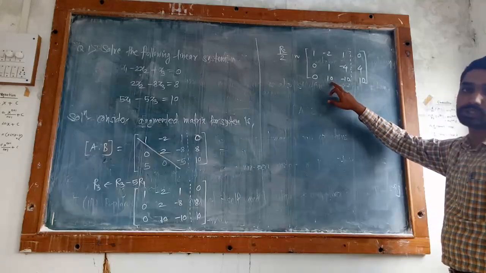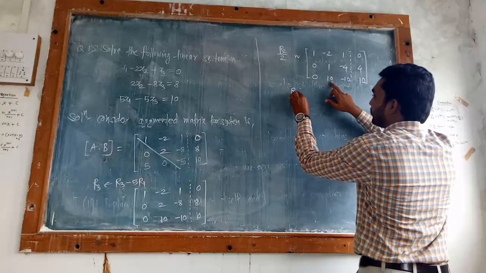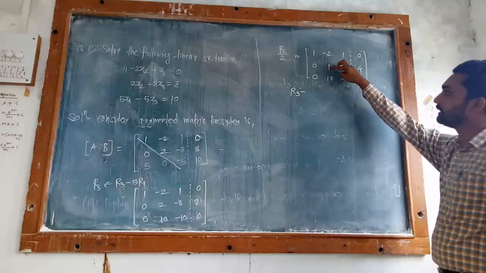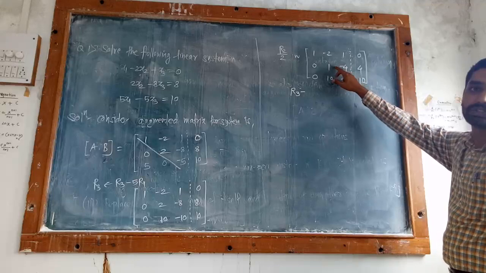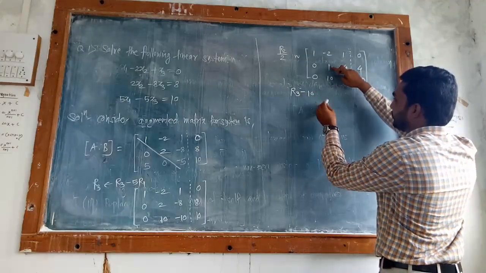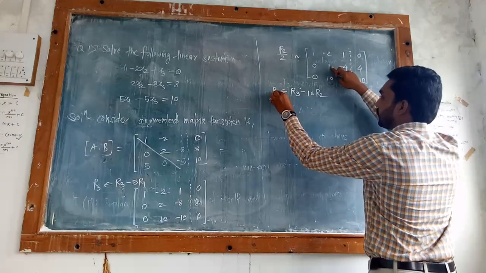How to make it 0? By using the second row. This element is present in row R3, and we multiply by this element, 10. So 10 minus 10 becomes 0. So what is your row operation? R3 minus 10 into R2.